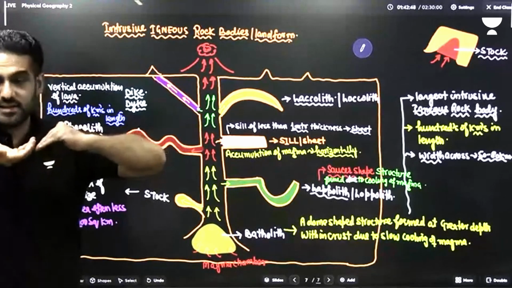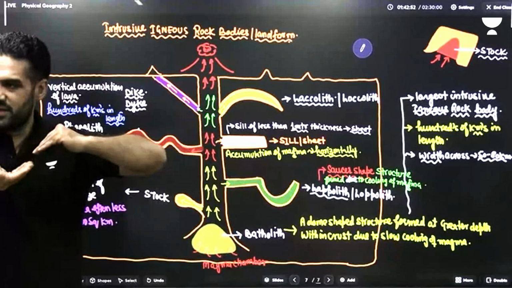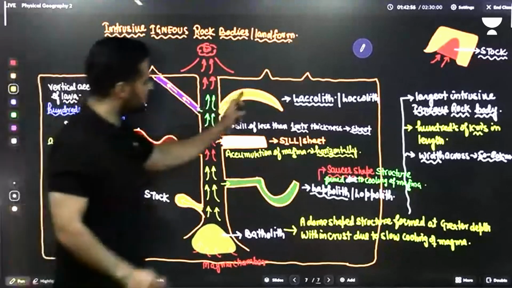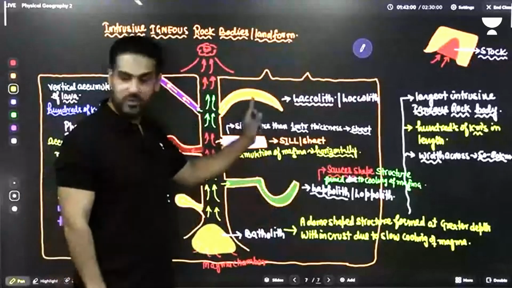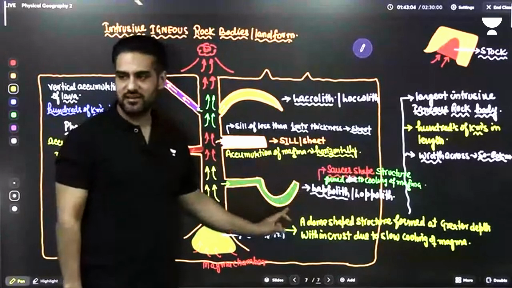If I turn it like this, it will not be a lens. If I call it a lens shape, will it be a correct statement? No. सो सिमिलरली अगर आप इसको देखो और इसको देखो, इनमें से लेंस शेप का कौन सा है? ऊपर वाला.